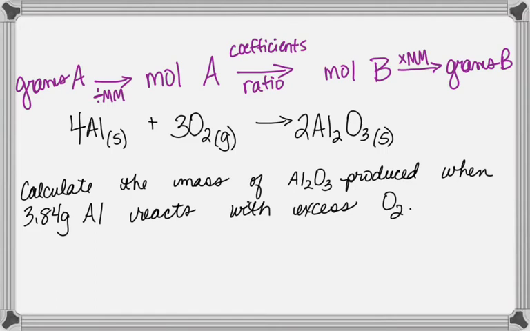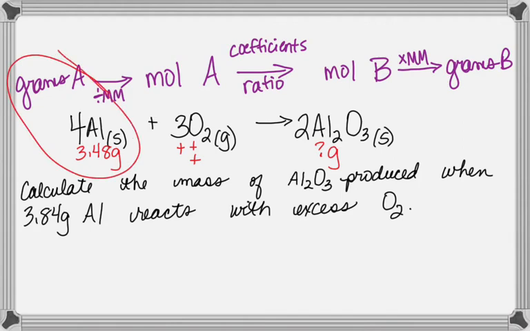So we're starting with 3.84 grams of aluminum. The problem tells us we have a whole lot of oxygen. That's our excess. And we're asked to calculate how many grams of aluminum oxide we'll make. So we're starting with grams of aluminum, grams of A. We're asked for grams of aluminum oxide. We've got to get to the end of this flow chart.